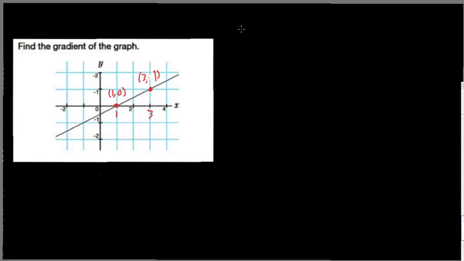To find the gradient, we know that m equals y2 minus y1 over x2 minus x1.